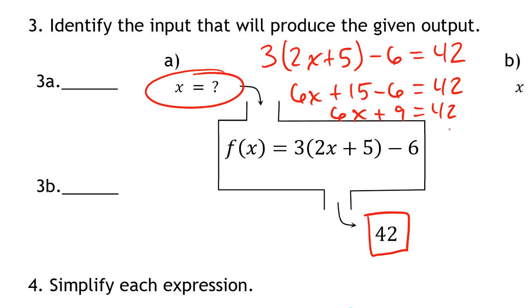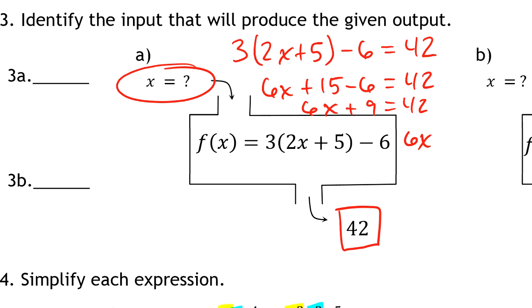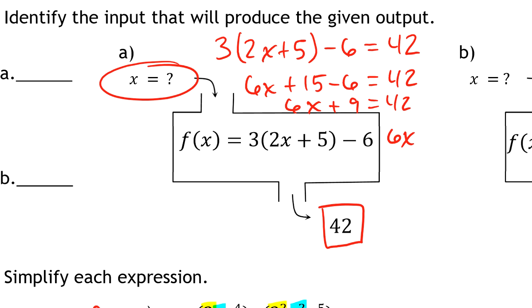What I need to do now is carefully subtract 9 from each side. When I do that, I get that 6 times x equals 33. And then finally, if I divide both sides by 6, I get that x is 33 sixths.